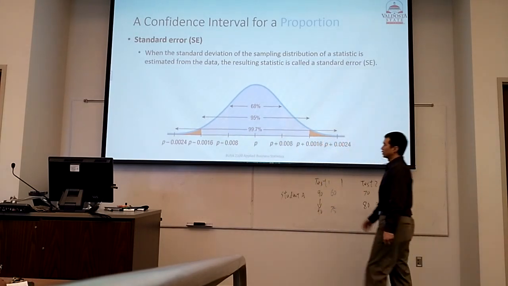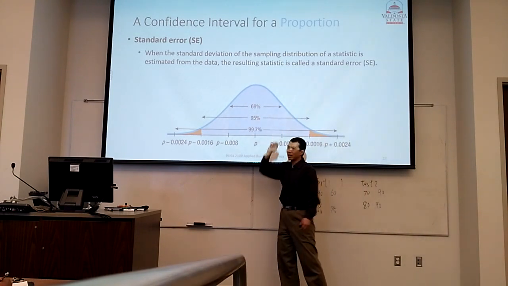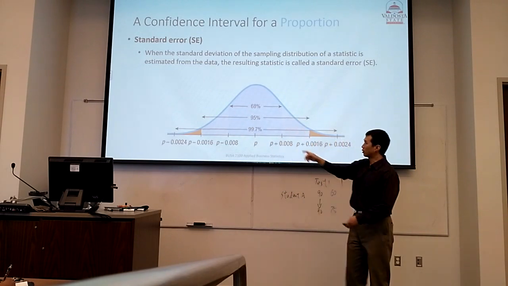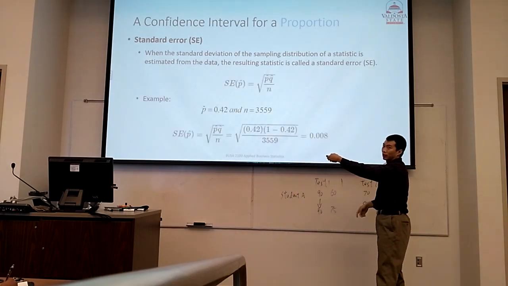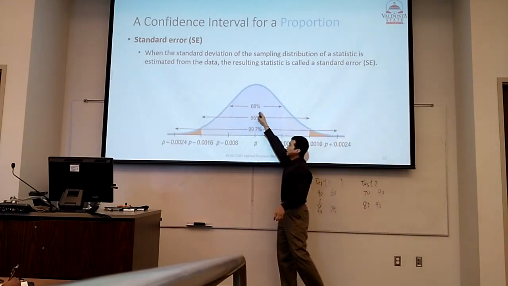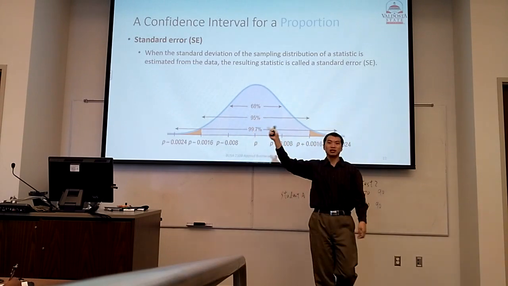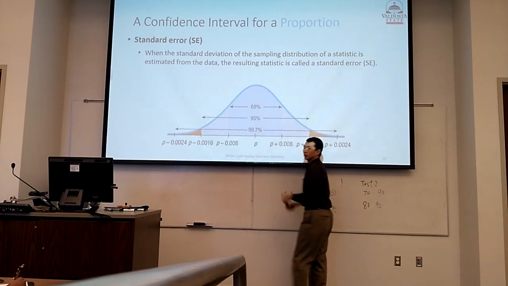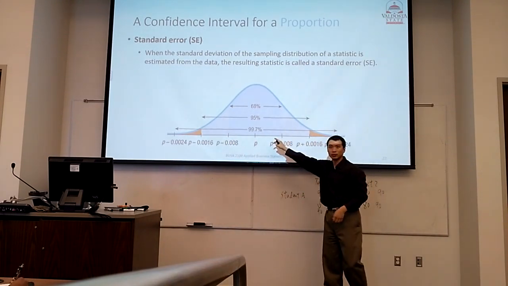We know that 68% of the samples of that size will fall into this interval. So what is the sample size? This is our sample size. That's the definition of this rule, right?